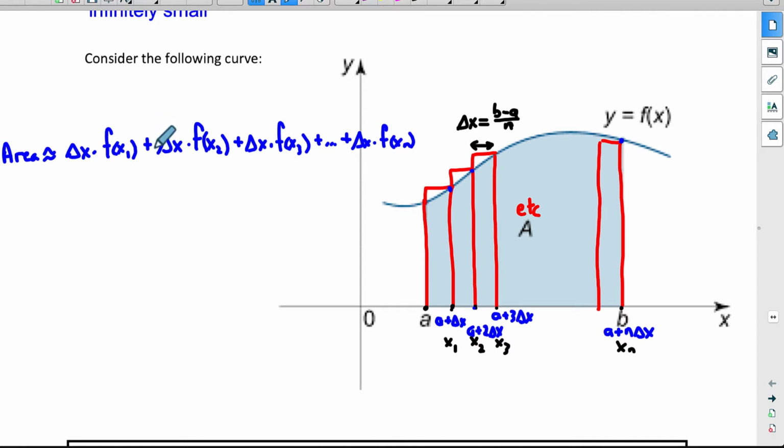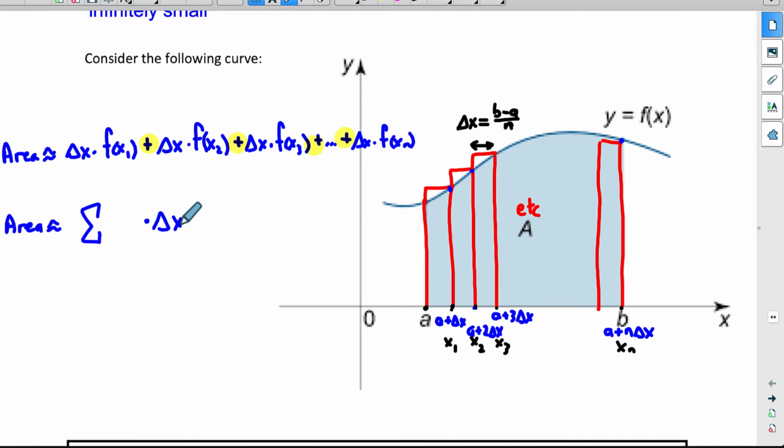But wait a minute, look at all these additions. We're adding, we're adding, we're adding, we're adding. Hey, you know what this suggests we might want to do right now? Why don't we use our new talent from last video of summations and use some sigma notation? So what's common in every single one of these things? Change of x, change of x, change of x, change of x. Oh, so obviously you're going to have a change of x. I'm actually going to put it at the end. I'm sorry. You're going to multiply by change of x.